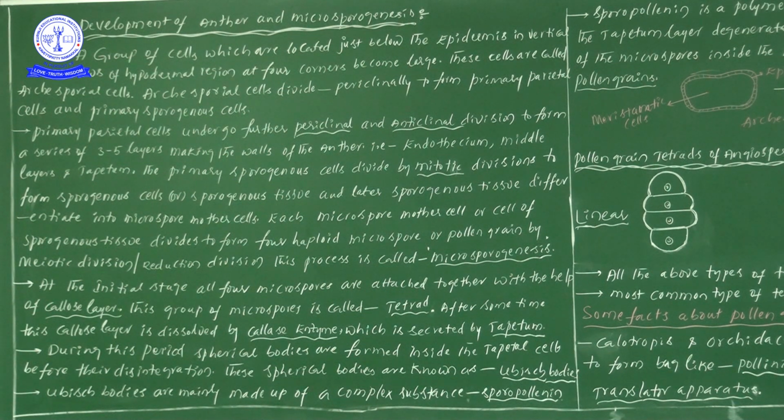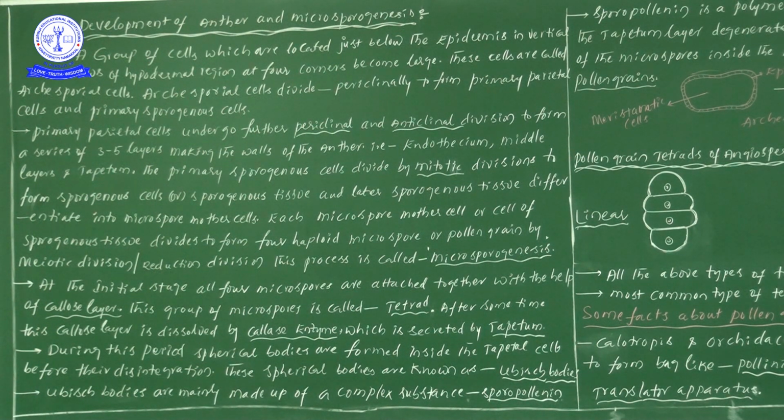Means here, we have started to discuss the development of anther. Few specialized cells which are present below the epidermis, in the hypodermal region, are arranged in vertical rows, and at 4 corners they become large.